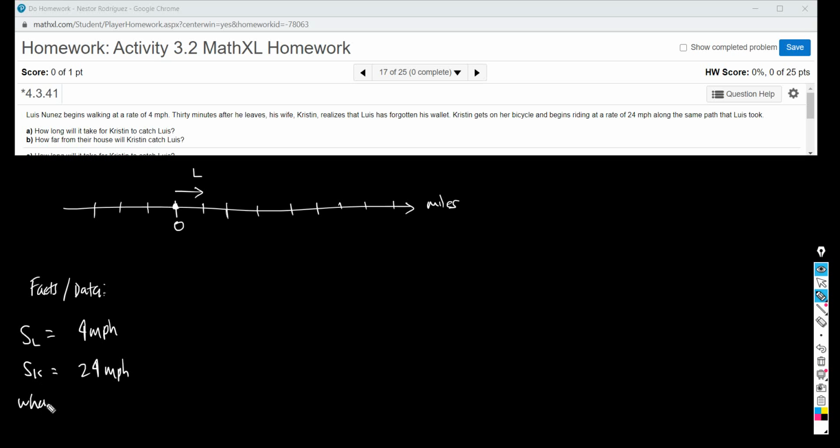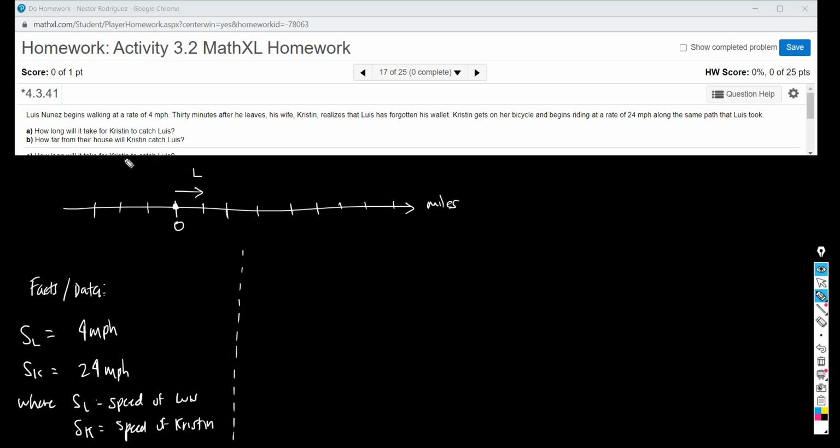And I do the same, where SL is the speed of Luis and SK is the speed of Kristen.